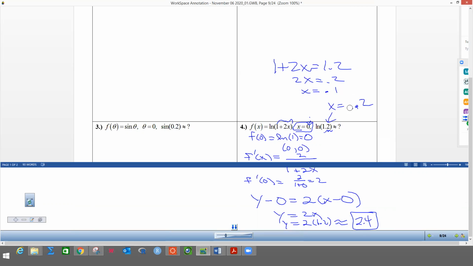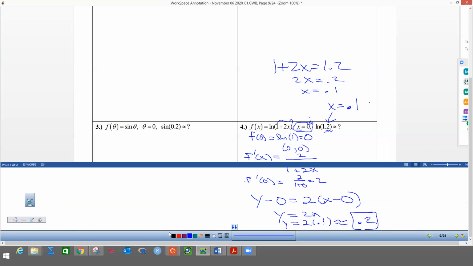I think he wants us to do this instead. So I think he wanted us to find out what x value we're plugging in to get 1.2 from this. So I'm going to put that equal to that. That makes a lot more sense. This would be 0.1, which is closer to 0. So let's plug in 0.1 down here. This would make it a way better approximation. So I think we want to get 0.2 here.